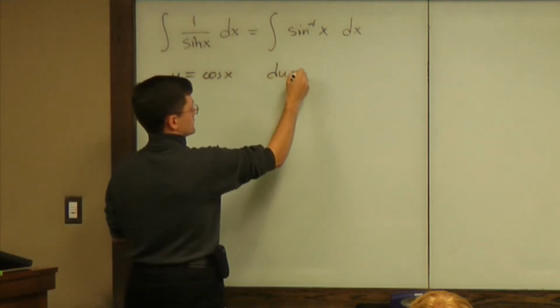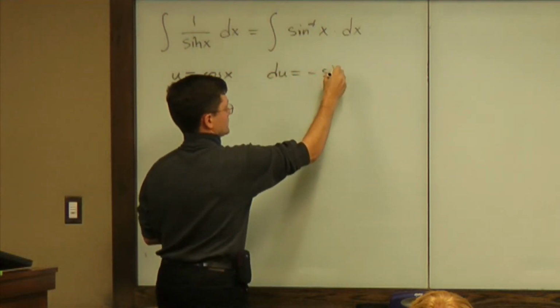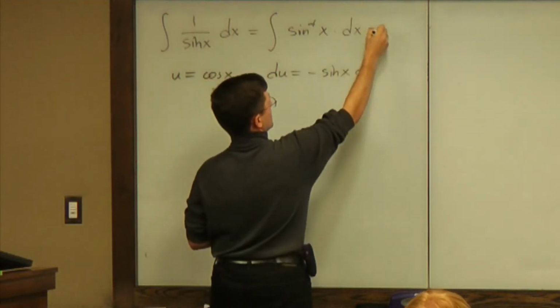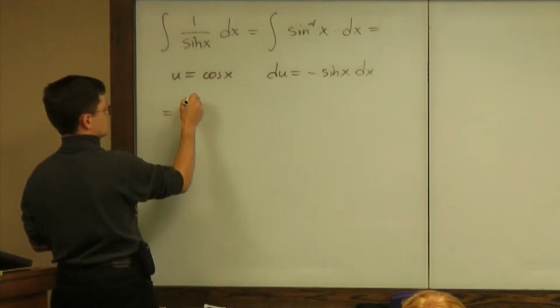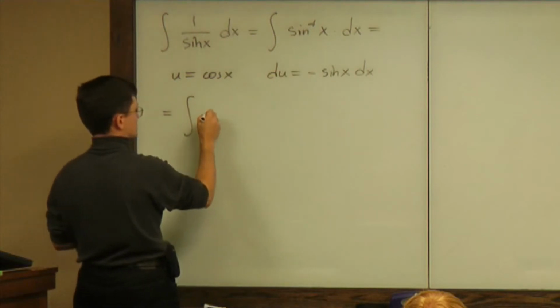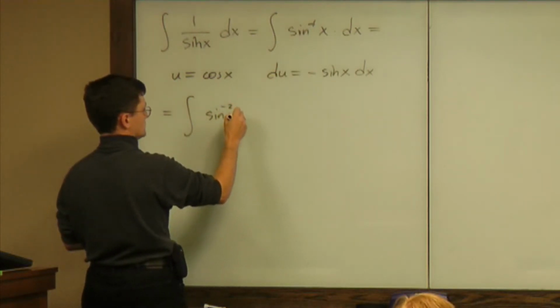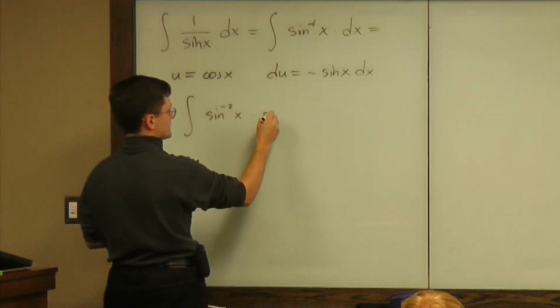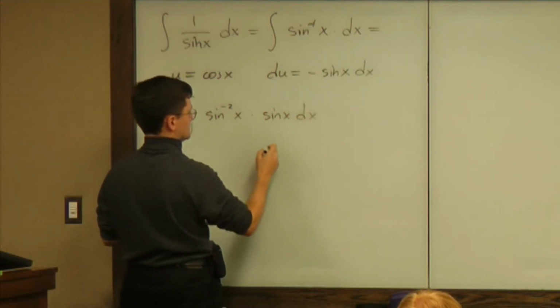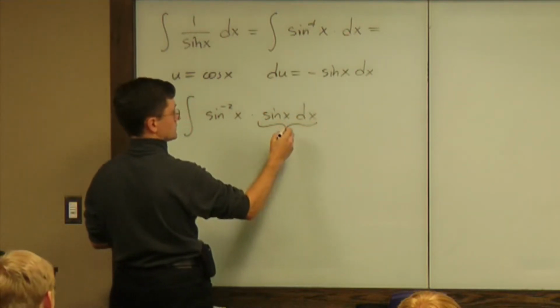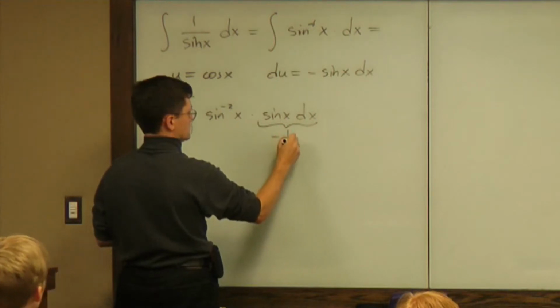Then du is negative sine x dx. And then you can rewrite this as sine to the power -2 times sine x dx, which becomes negative du.